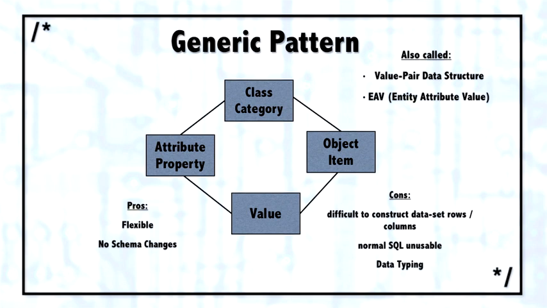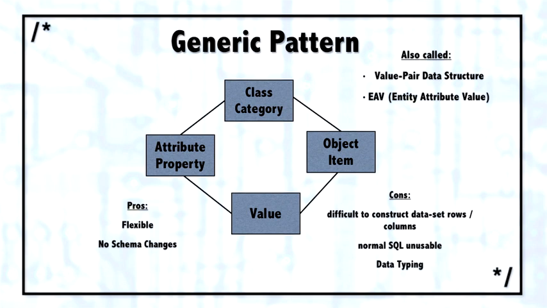The attribute or property table contains a listing of every attribute and every property for every class or category. So we're getting some long lists here, aren't we? And then in the value table, it's a very simple table that says, for this object, for this attribute, here's the value. And that value table could end up being millions or billions of rows long.